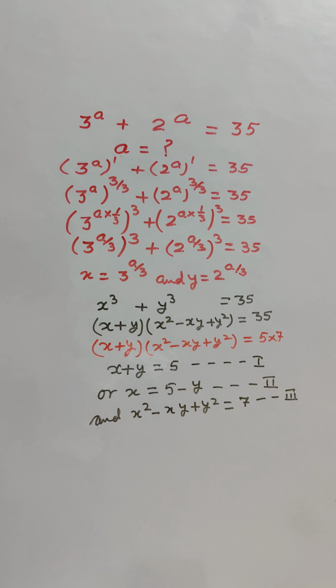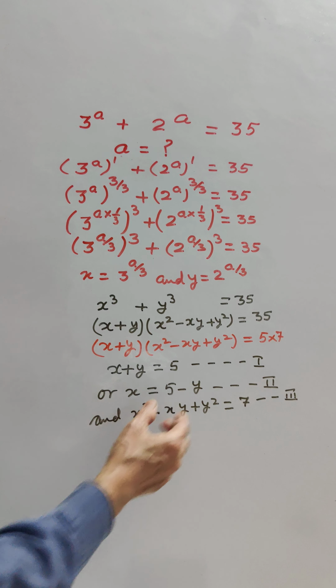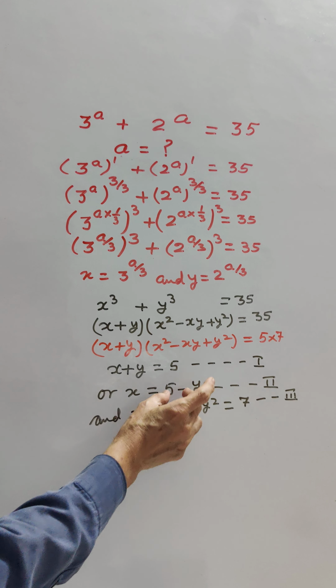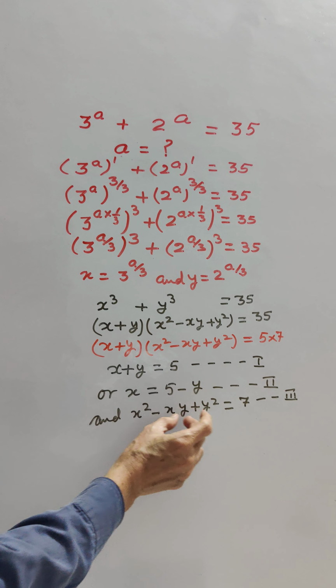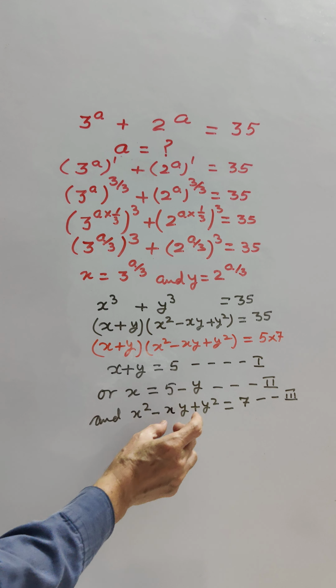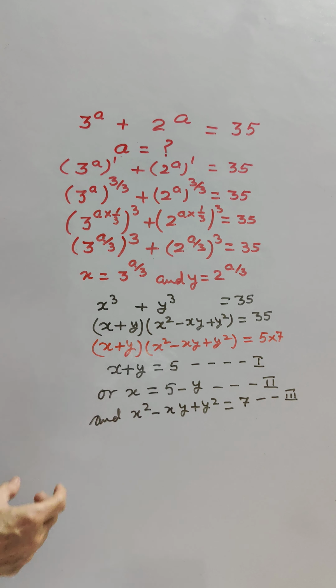Now we can substitute the value of x here, 5 minus y, and also here, but we shall not do it, it will be difficult. So we are taking equation number 1 to make it easy. Taking equation number 1.